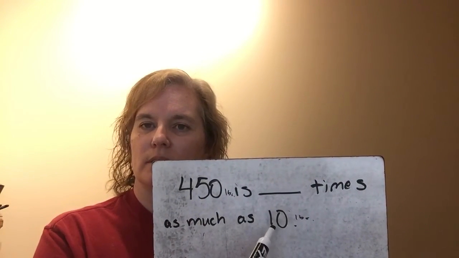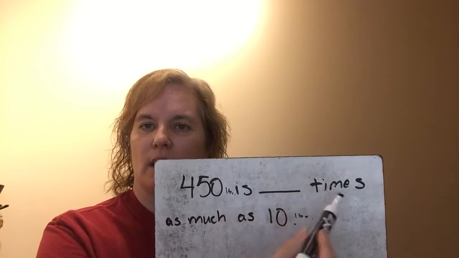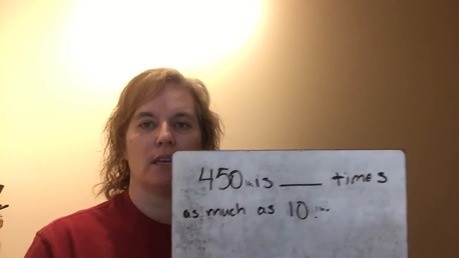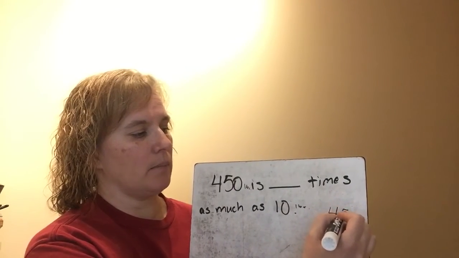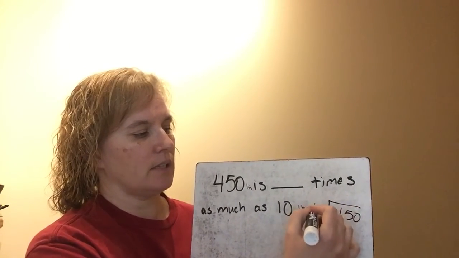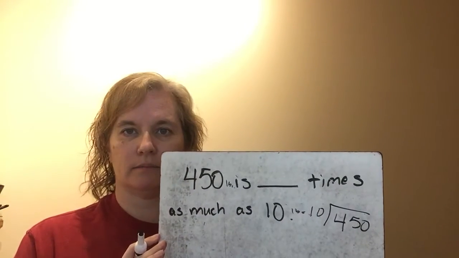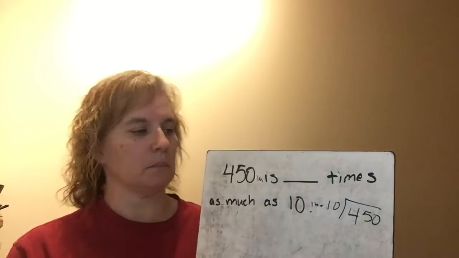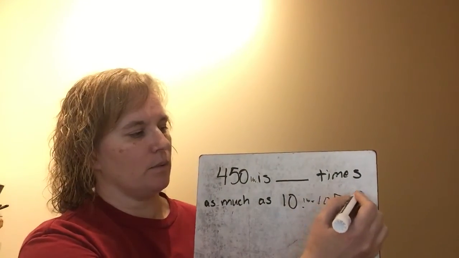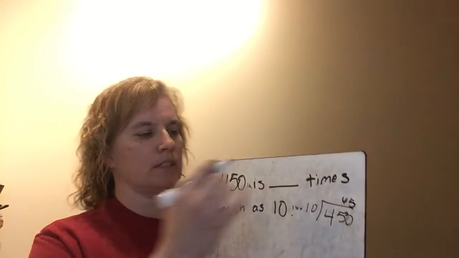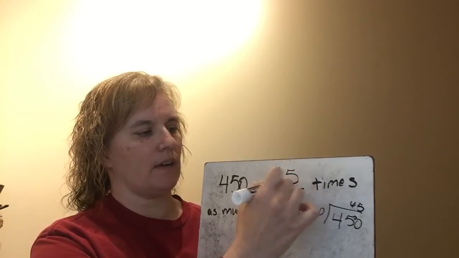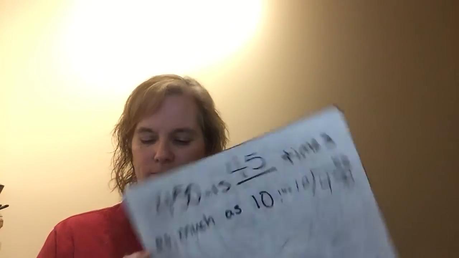How many times 450 is how many times as much as 10. So in this situation, again, this works because I have my big number. So I just say divided by 10. Goes in 4, remainder of 5, 5. So 450 is 45 times as much as 10.